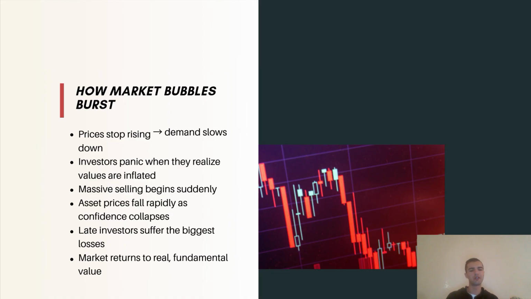Confidence drops, and fear replaces excitement. Then selling accelerates. We get a kind of chain reaction as prices fall, and more people panic and sell. The late investors, those who bought near the top, usually suffer the biggest losses. Eventually, the asset falls back to a more realistic level.